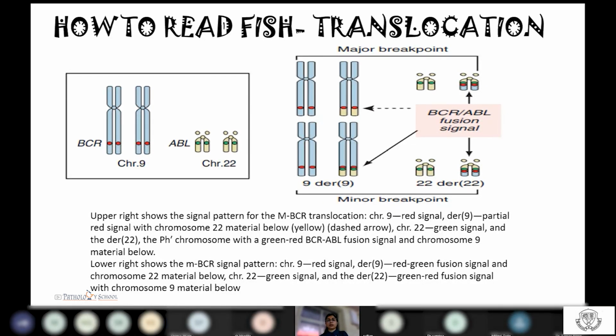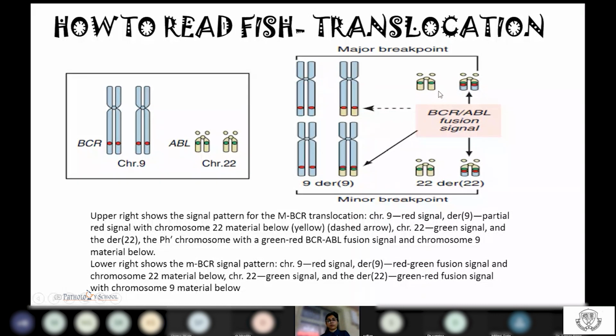So the green remains on chromosome 22 and the remaining part goes to chromosome 9. But chromosome 9 breaks in half. So half will be on chromosome 9 and half goes to your chromosome 22. So this is your Philadelphia chromosome, which will have full green and one half of red.